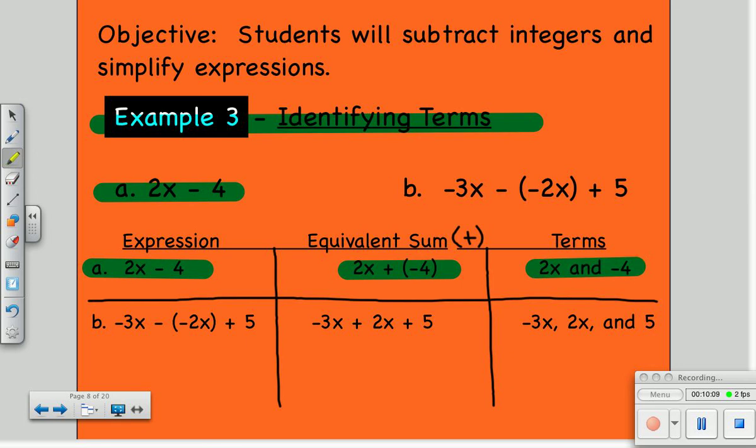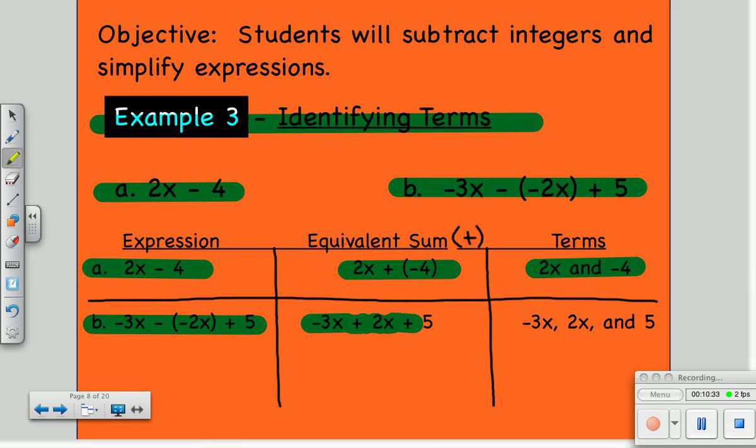And B, negative 3x minus negative 2x plus 5. So the expression, negative 3x minus negative 2x plus 5. Change it to addition. Negative 3x remains the same. Subtraction changes to addition. So negative 2x becomes positive 2x. Subtraction changes to addition.